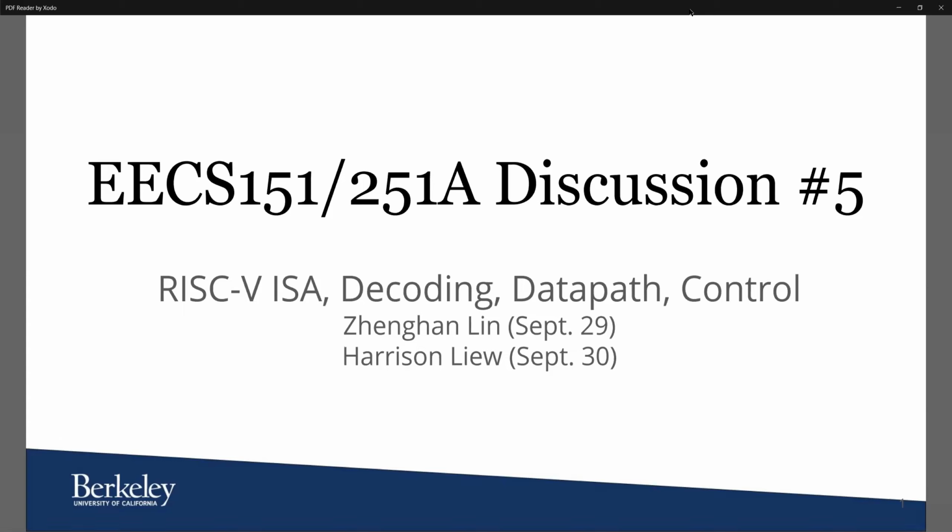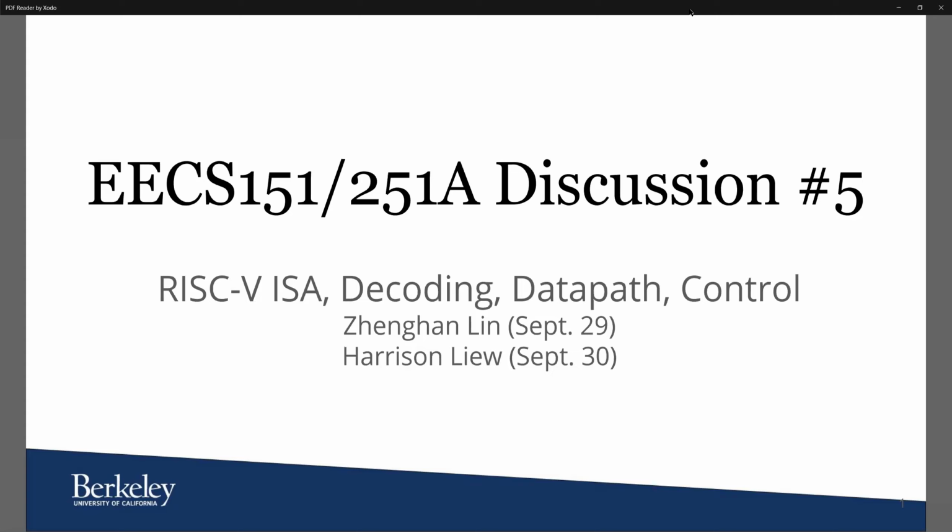So today we are going to dive into more detail about Risk 5, obviously. The point of this discussion this week is to emphasize a couple points that you would need to succeed in the homework and this midterm. The lecture slides are very good in terms of telling you what exists and how the data path is exercised.